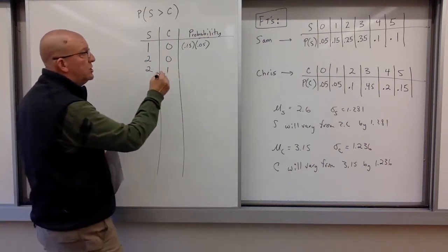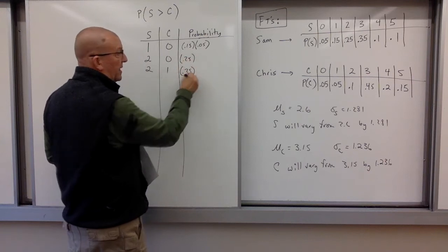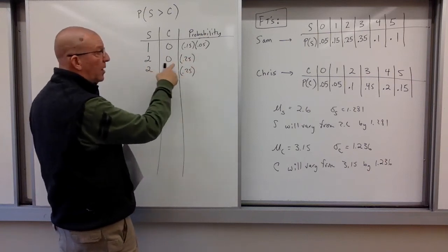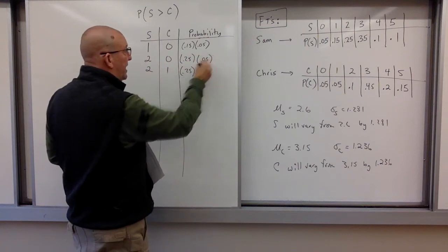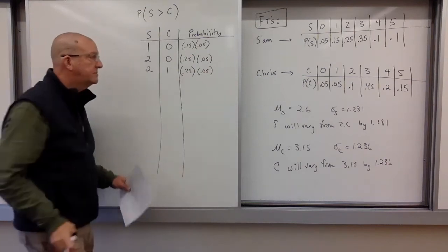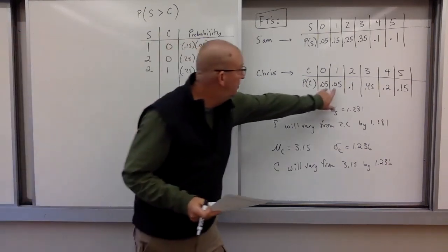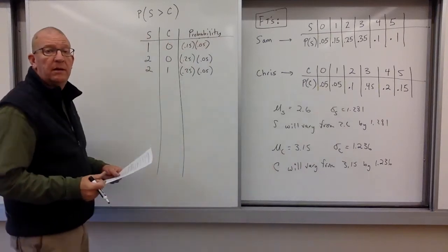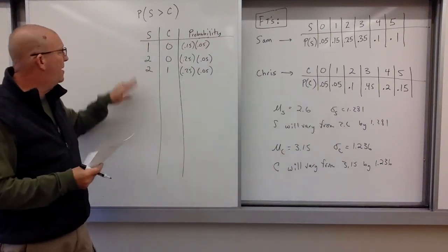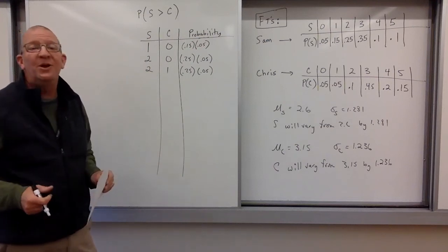Sam making 2 is 0.25. Chris making 0 is 0.05, and Chris making 1 is 0.05, because 0 and 1 are the same probability there. Can Sam win any other way by making 2? If you said no, you would be correct.